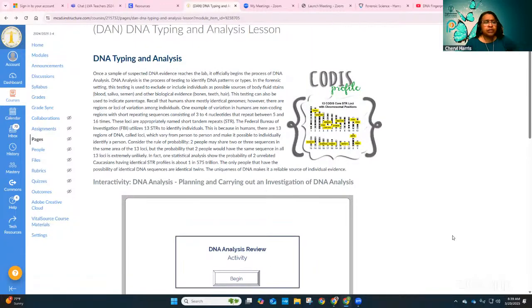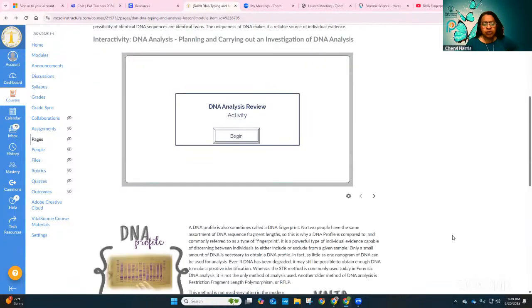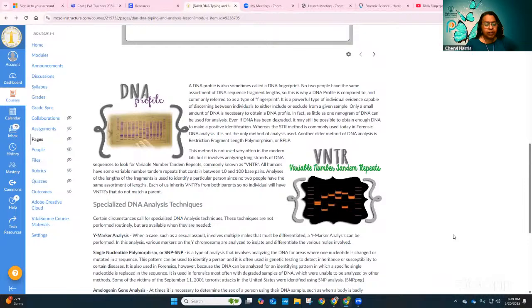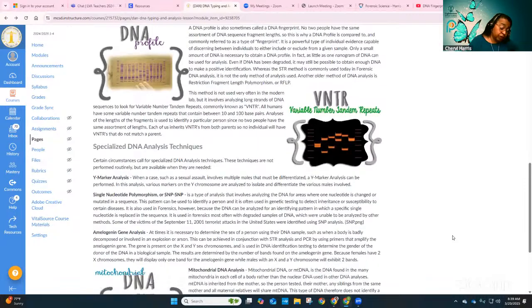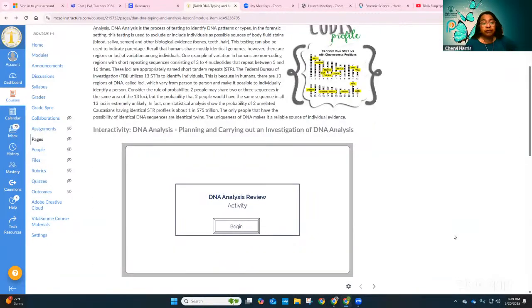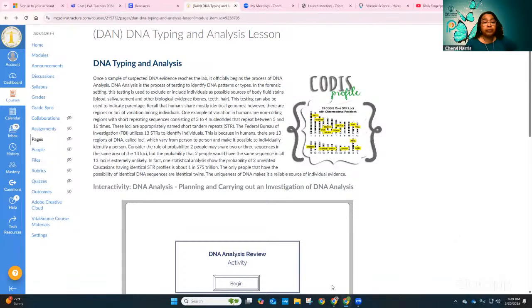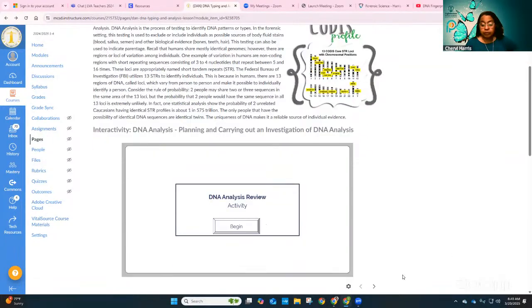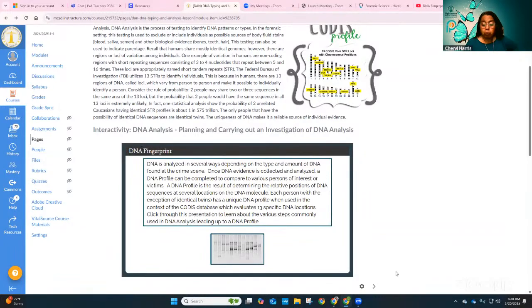All right, so this one we also refer to as DNA fingerprinting, which is different to fingerprinting, but we're also going to refer to this section as DNA fingerprinting. So please give that a read.